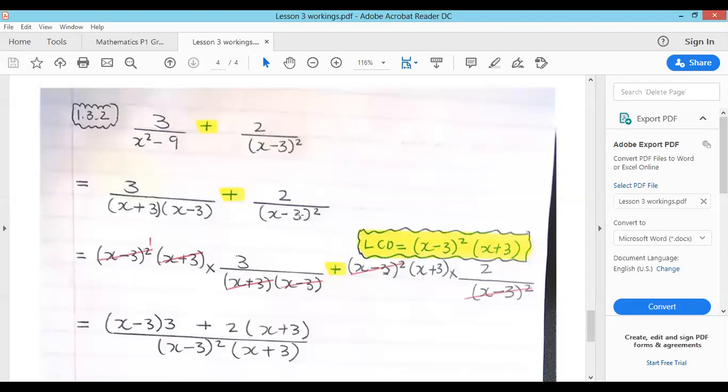But this one, the difference of two squares, must have plus and minus: (x plus 3)(x minus 3). I hope it makes sense so far.